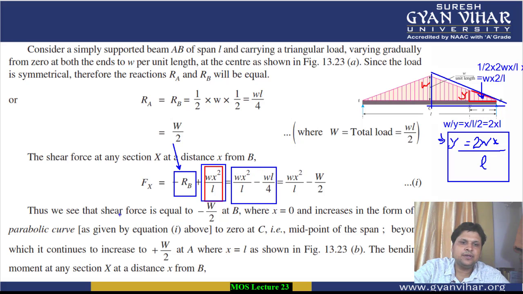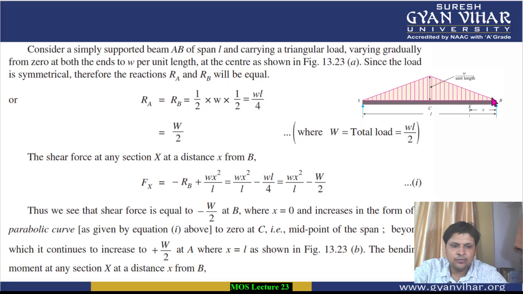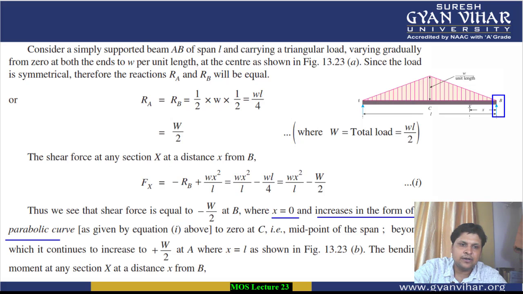Now we see that shear force is equal to minus W by 2 at B. At B, the value of shear force is minus W by 2. All right. And where x is equal to 0, it increases in the form of a parabolic curve. This should be kept in mind, since here the load is a uniformly varying load.